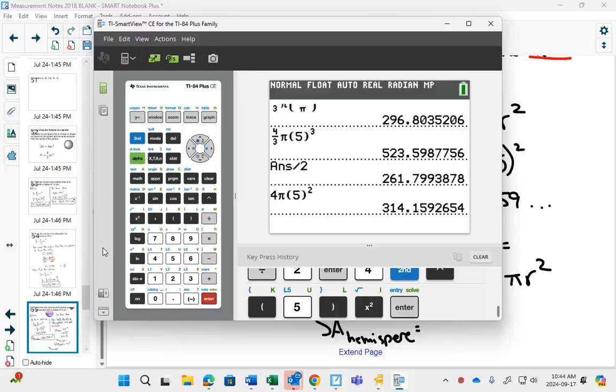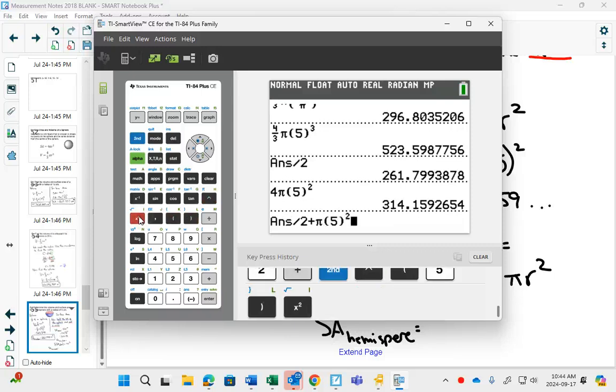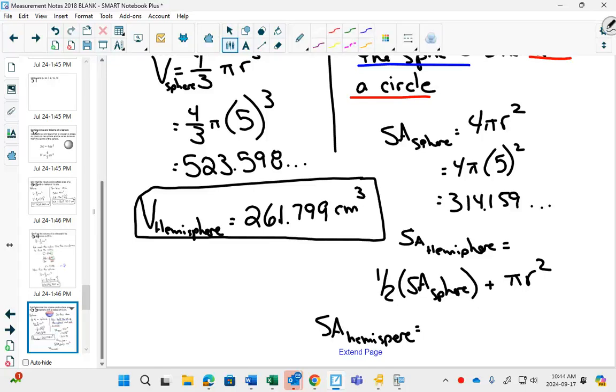And I can take half of this answer, so I can go my answer divided by 2, plus I'm going to need to add a circle to this, so it's like pi, the radius is still 5 squared, and I get 235.619. 235.619 centimeters, and its surface area.